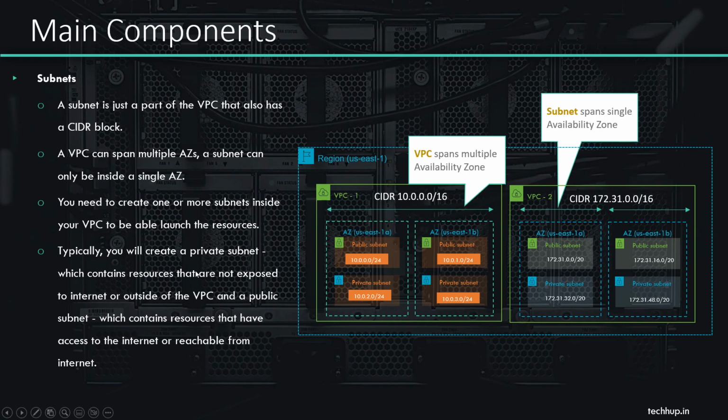Typically, you will create a private subnet which contains resources that are not exposed to the internet or outside of the VPC, and you will create a public subnet for resources that have access to internet or are reachable from internet.